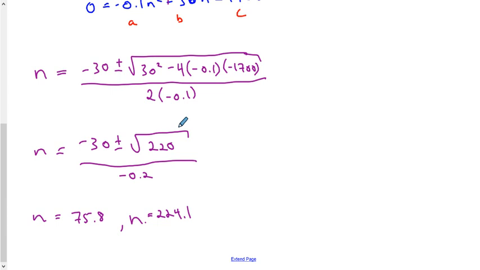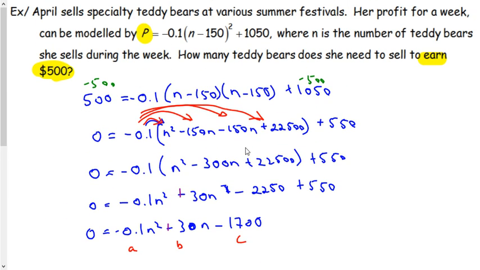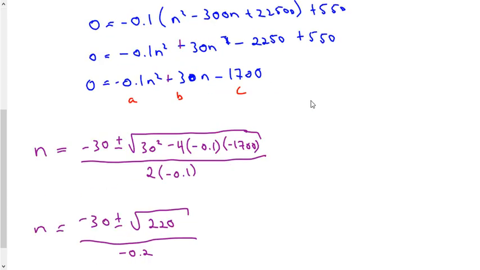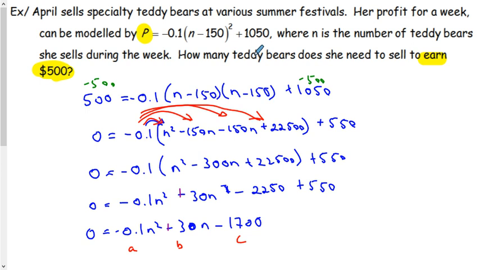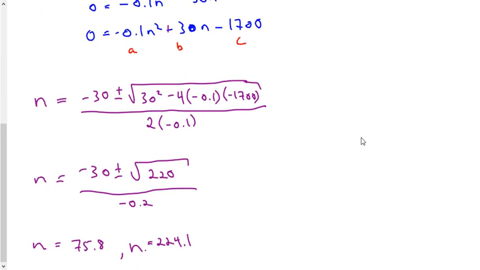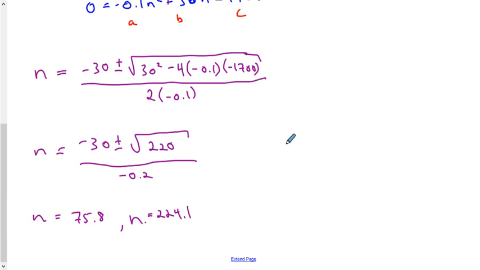Let's assume, because you can't sell 0.8 of a teddy bear, that we're talking at least 500. What's our range that's going to earn us at least 500?